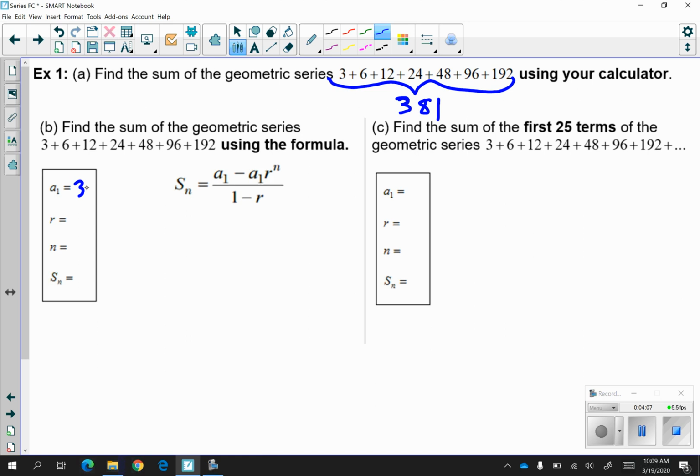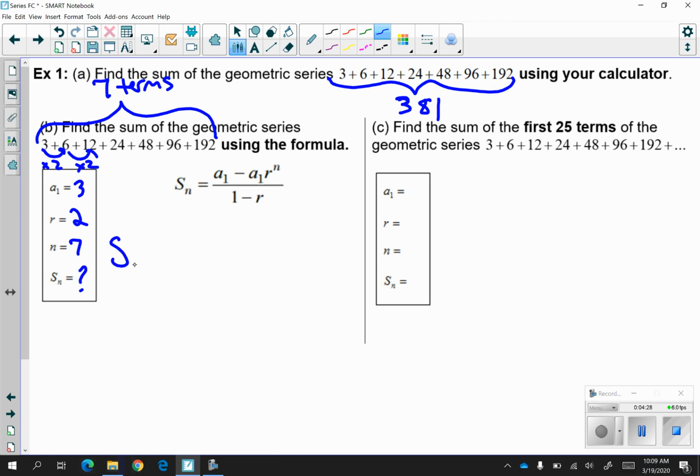Your common ratio, if you notice, you are multiplying by 2 each time. In order to find n, you have to count how many terms you're adding together. There are 7 terms, so n is 7, and S sub n is what we're trying to find.